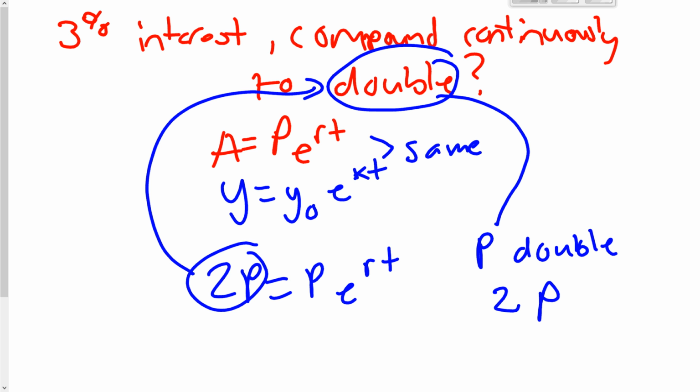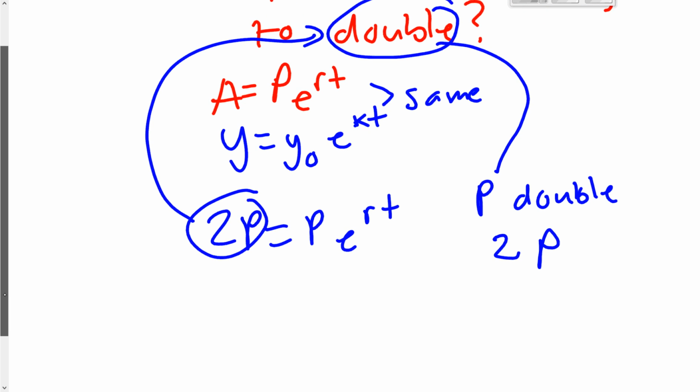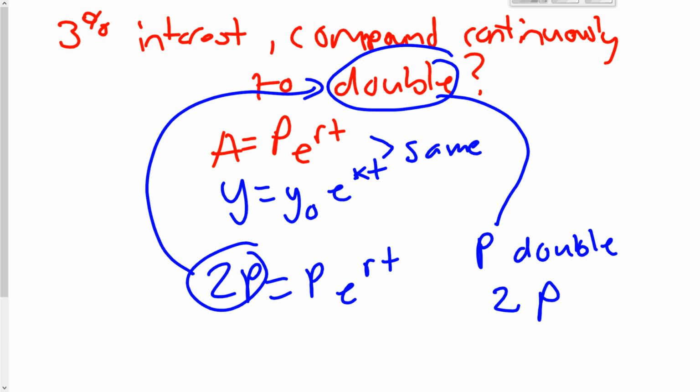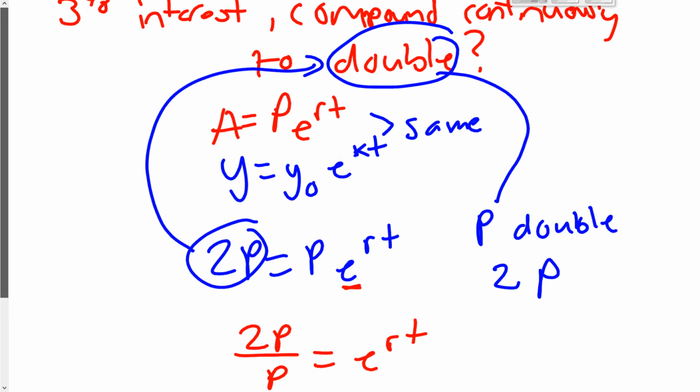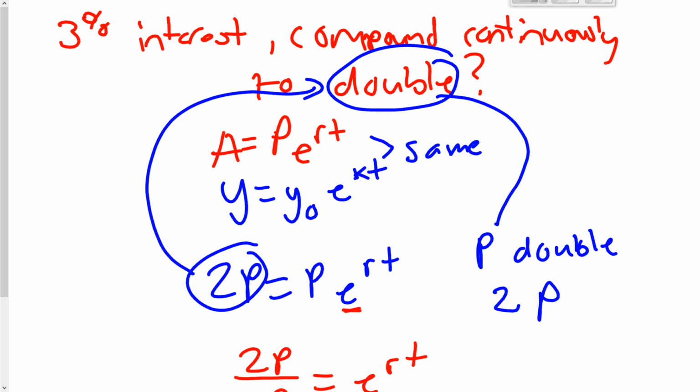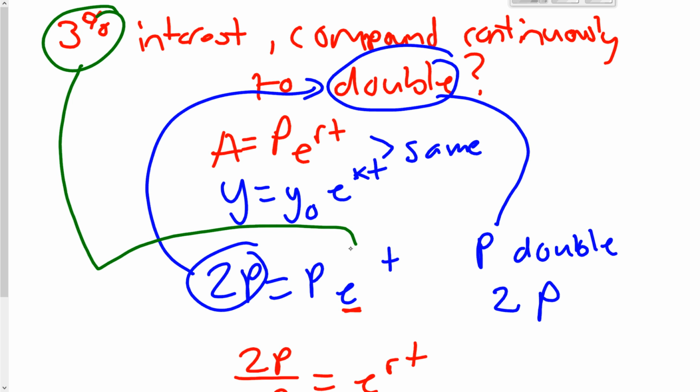Then we can go ahead and solve for our base e, so we can divide by P on both sides. Then we can get our exponent by itself, right? And our rate is 3%, so we can enter that in as well. We need to change it to decimal form, so that's 0.03 here.